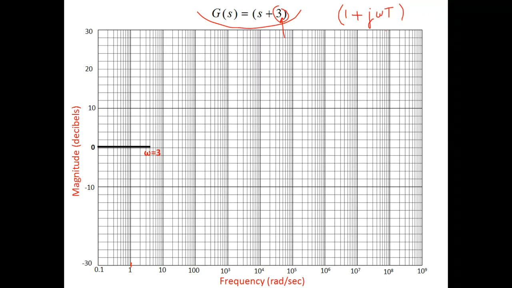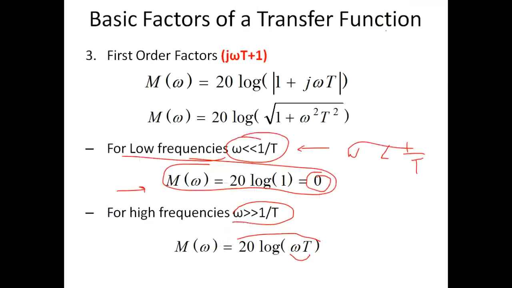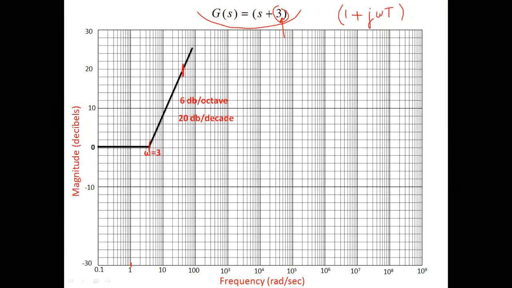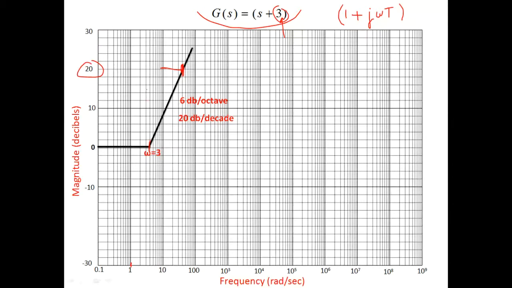Then for high frequencies, you will have 20 log wT, and that is 20 decibels per decade, as you know. So between this point and this point, it will be 20 decibel. So this is the decade here.